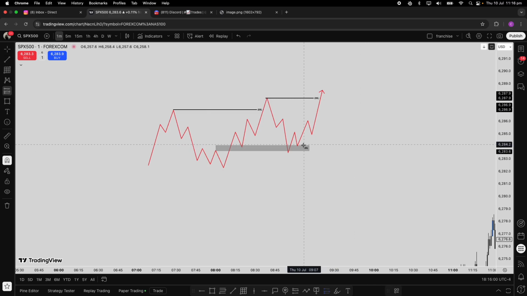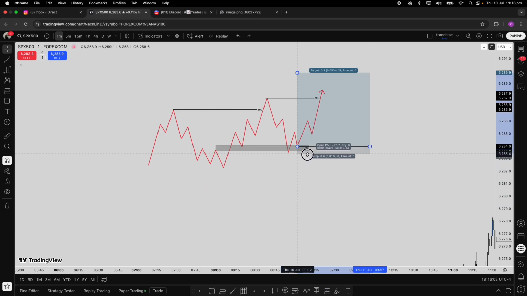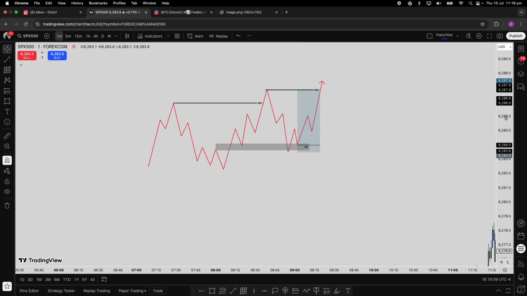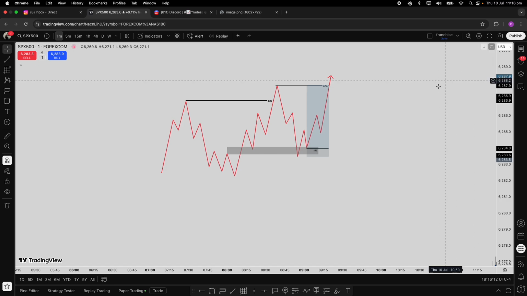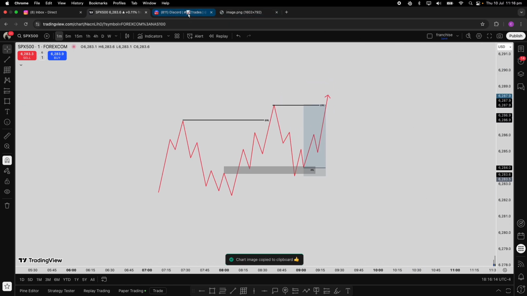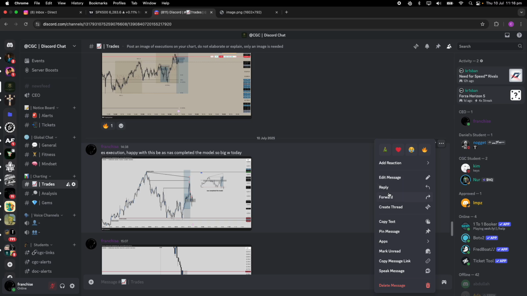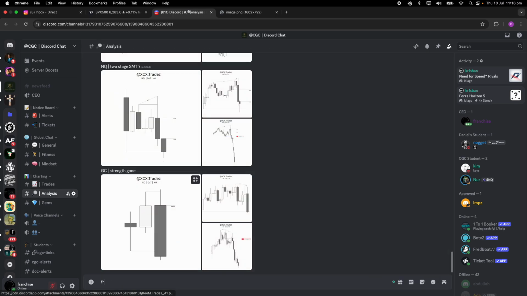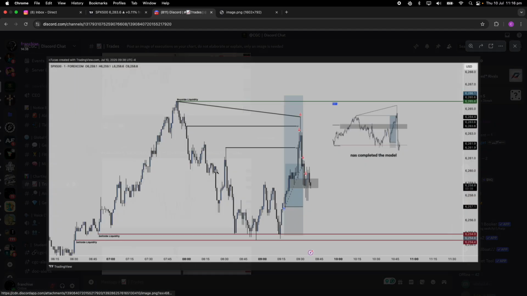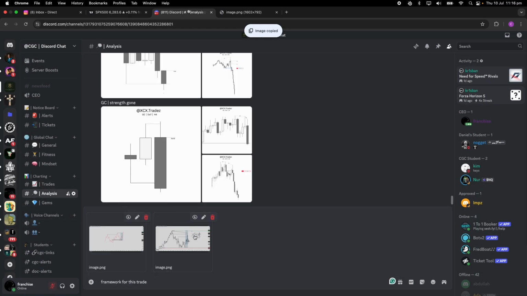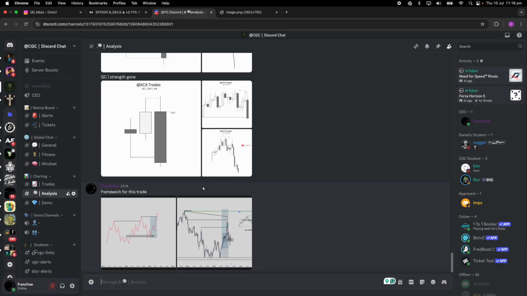Buying down here, the low risk buy. Cool.